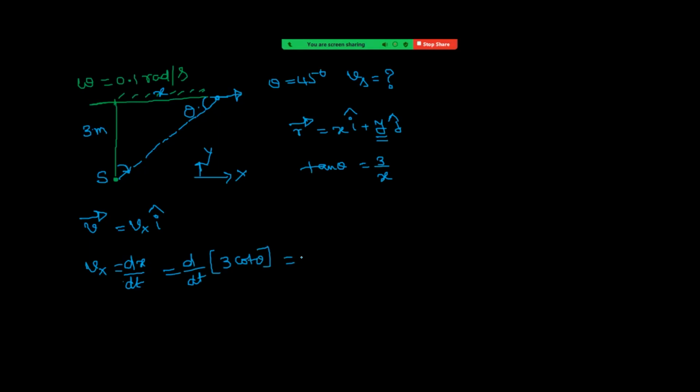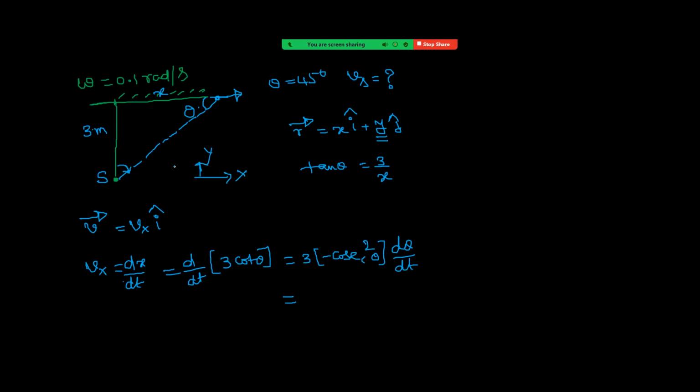So I'm taking 3 outside, derivative of cot is minus cosecant square theta, into d theta by dt. And you can see in the diagram that the x coordinate is increasing, so definitely this value must be positive.